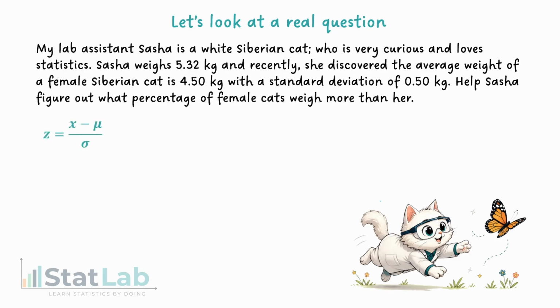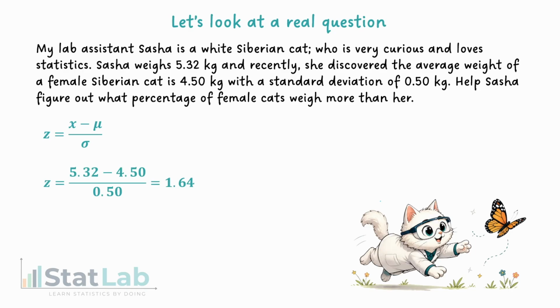So first we're going to start with our equation. In this question, the x is going to be Sasha's weight, which is 5.32. The mean is going to be 4.50, and our sigma is going to be our standard deviation of 0.50. So we just plug that all in, and we get a z value of 1.64.